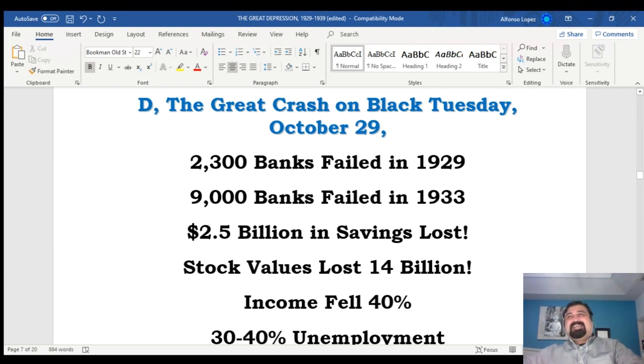And of course, the issue is that the banks are now left with a lot of debt, okay? A lot of debt. In many cases, a great portion of this debt was created by millions of loans that they generated for people to buy stock on the stock market, to buy shares.